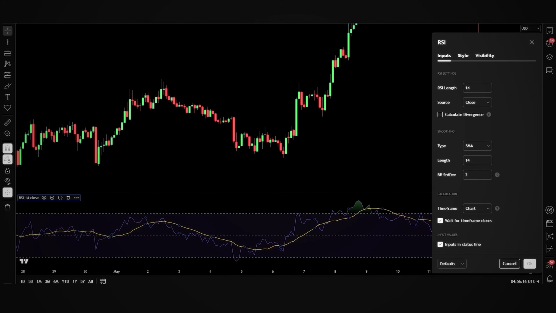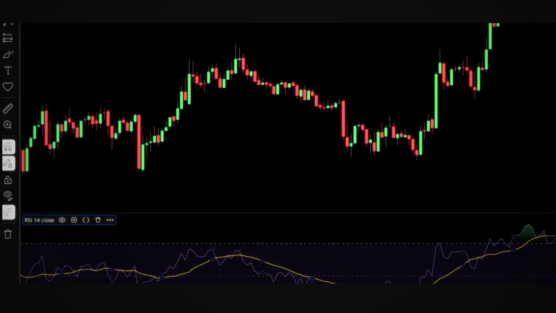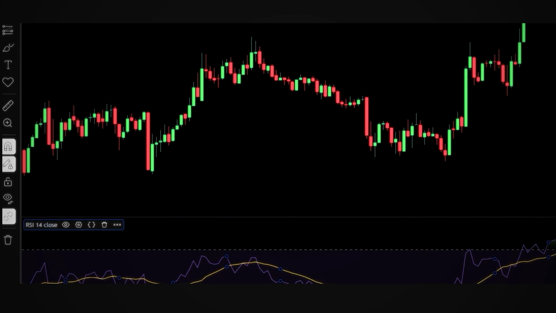Here's something that you might have never even considered before. If you open up your RSI settings, you'll see something called RSI length. By default, it's set to 14. This means that the RSI, or relative strength, is only looking back 14 candles, meaning you should only consider divergences valid where the highs and lows on the chart are 14 or fewer candles apart.